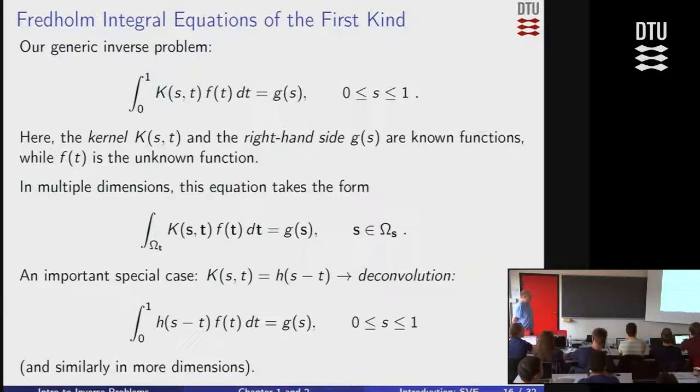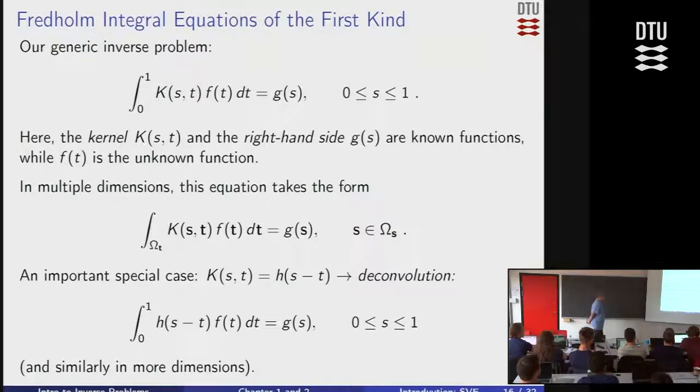Okay. Later in the course, we'll actually get to look at problems in multiple dimensions. For example, when you want to do image blurring, then f is actually a 2-dimensional function, and then you see now my t is boldface. So it's a vector, and the same with the s there. Okay, but it's a fairly simple generalization, although the computational problem can get much more difficult because it gets bigger.